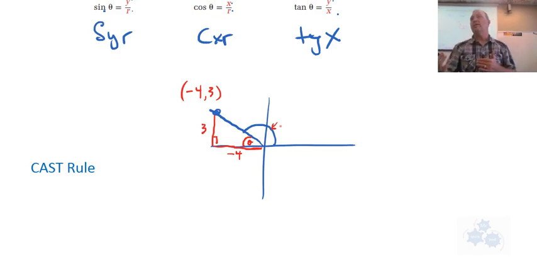So when we do this, we're actually finding values for the reference angle. So that's why reference angles are so important. But the sine, cosine, and tangent values for this theta 1 are actually related to the reference angle, to those trig functions. So we're actually finding values for the reference angle.